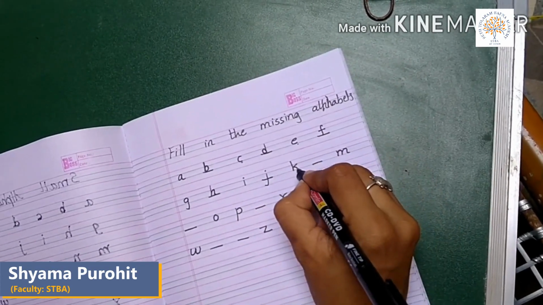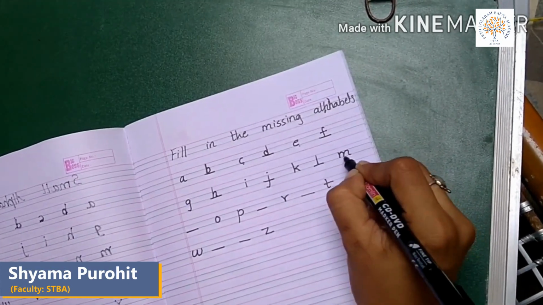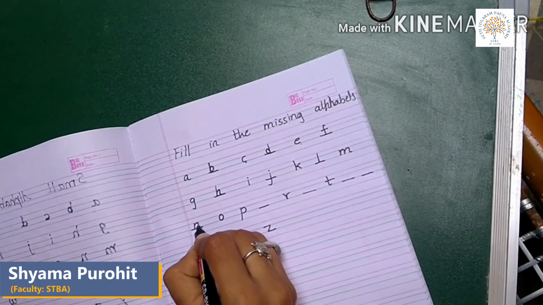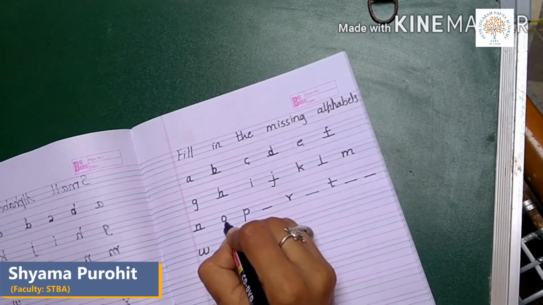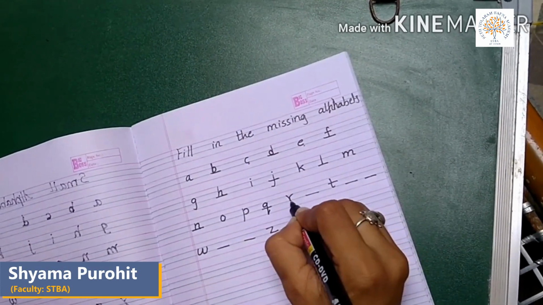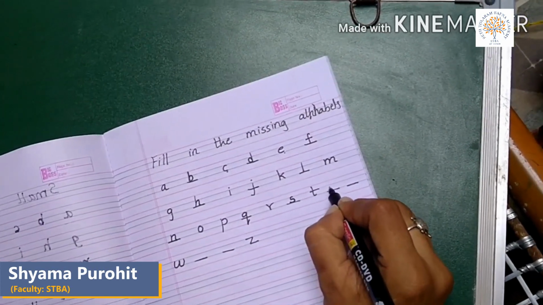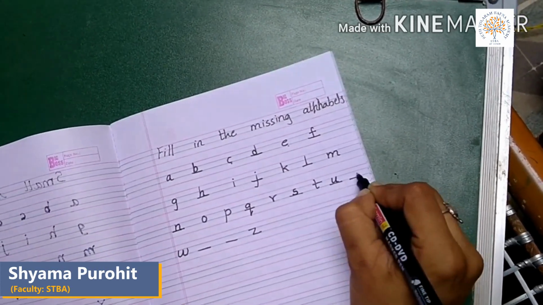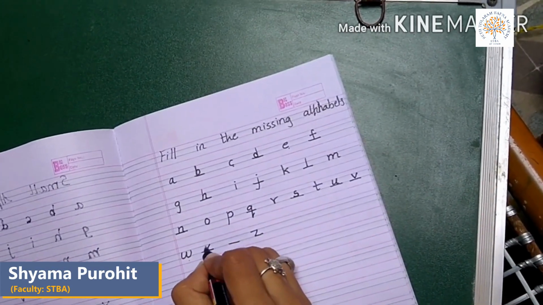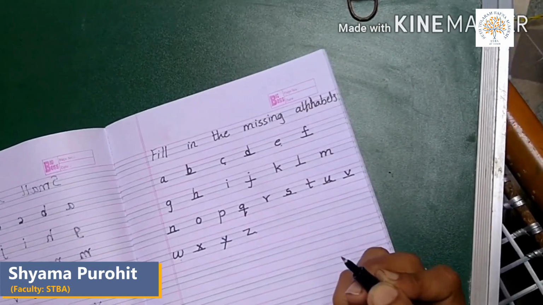J. K. What will come after K? L. M. What will come after M? N. O, P, Q, R, S, T, U, V, W, X, Y, Z.